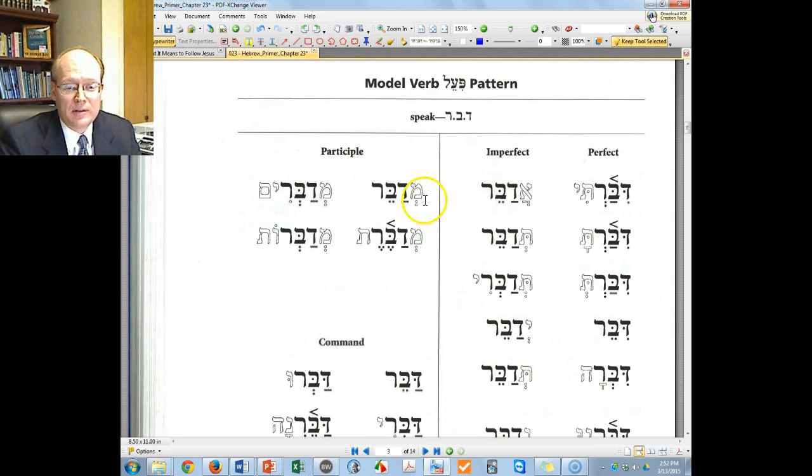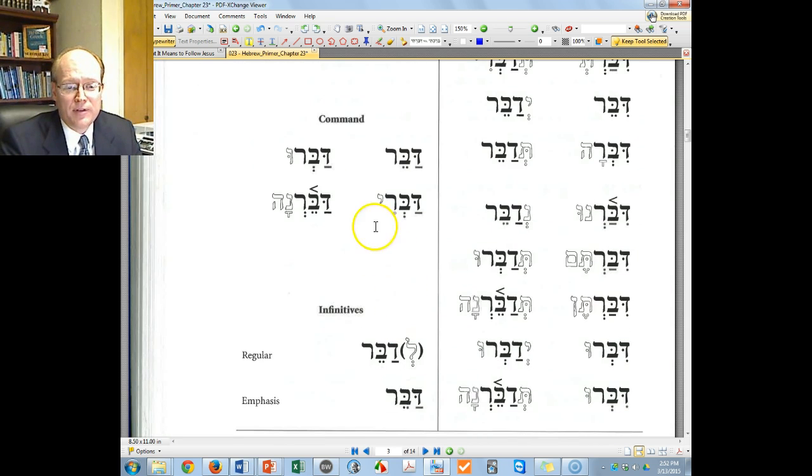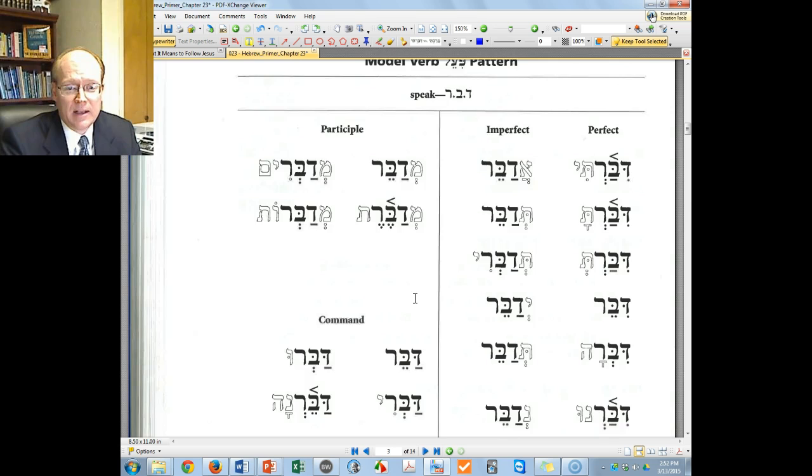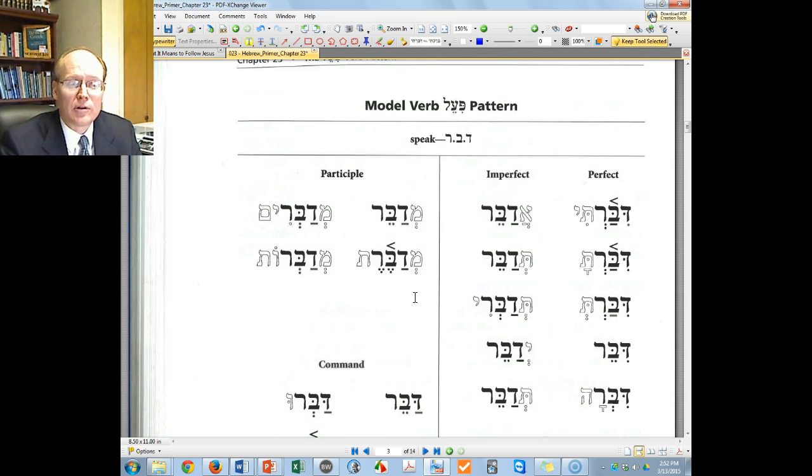In the participle, shewa patach dagesh, the whole way through. In the imperative and the infinitive, when there is no preformative, there's no shewa, but the rest of the characteristics are there: patach dagesh, patach dagesh. And if there is a preformative, it will have the characteristic shewa. So the key thing here is to learn the X chart characteristics so that regardless of which verb you're looking at, you can spot these and immediately identify which stem this verb is in.